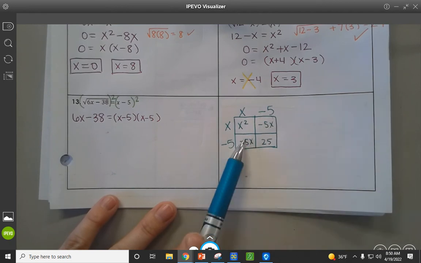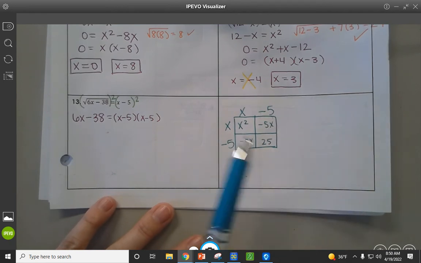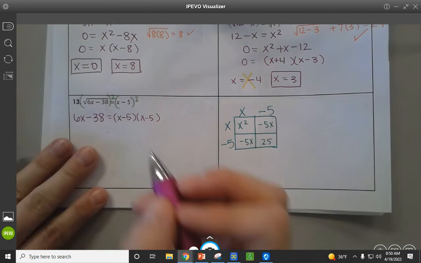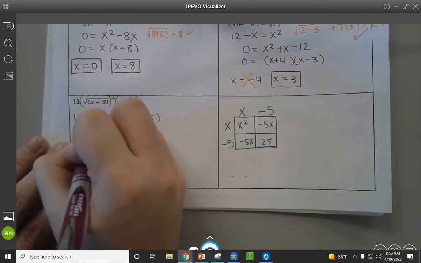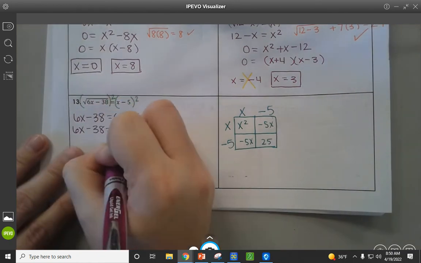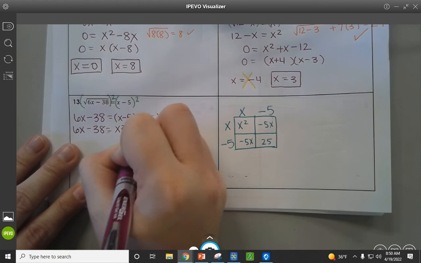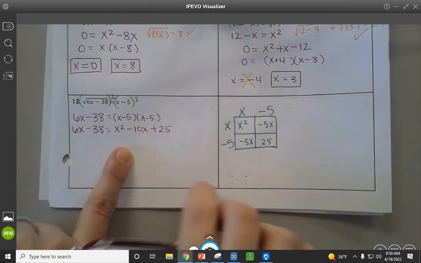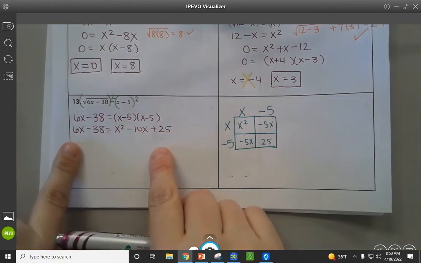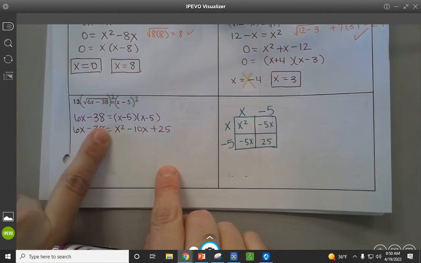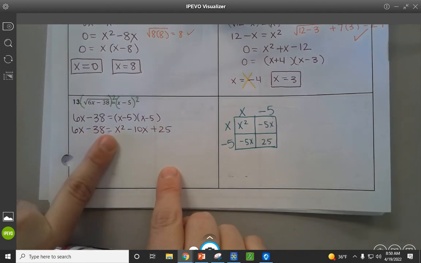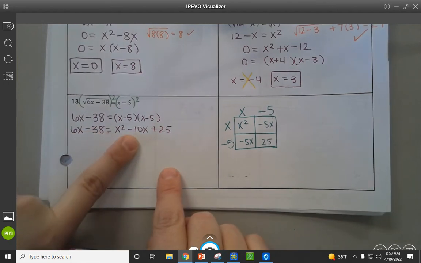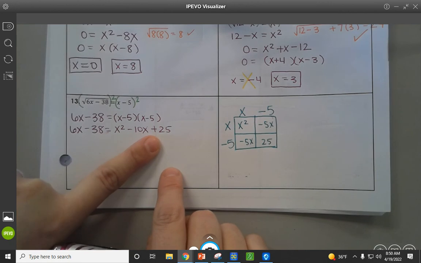So we have the 6x minus 38 equals x squared minus 10x plus 25. We're running out of time, so I'm going to go kind of fast. I'm going to move both of these things over. So I'm going to subtract the 6x and add the 38. This would be x squared minus 16x plus 63.